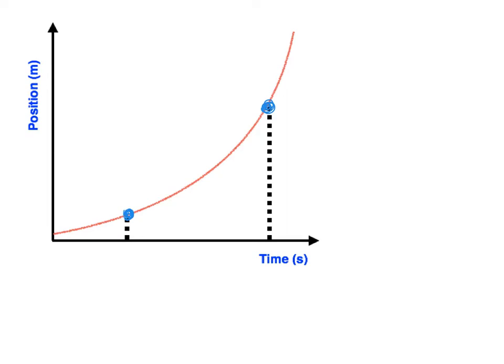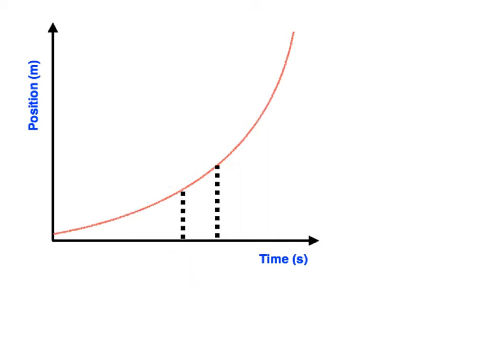And if I wanted to take a look at the average velocity, it would just be, again, the slope of the line that connects these 2 points. Okay, so nothing really new here. All we're doing is we're shrinking the time interval, getting smaller and smaller until we come up with an instant.